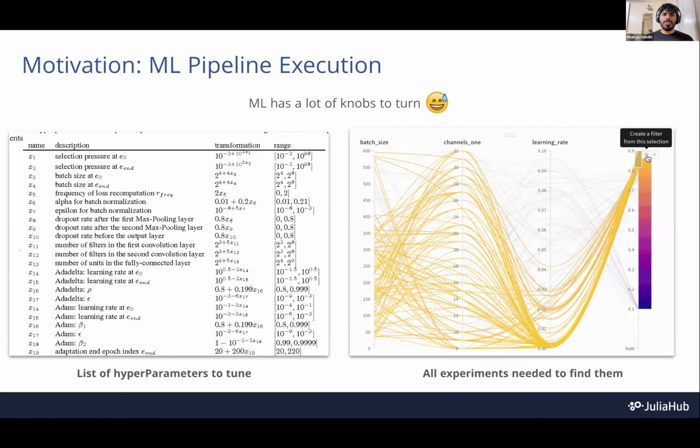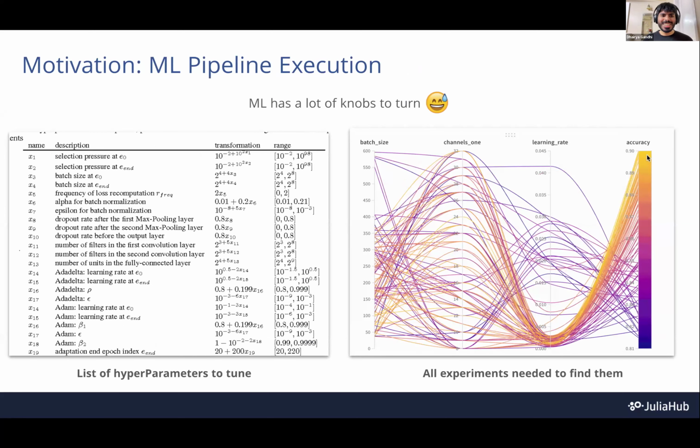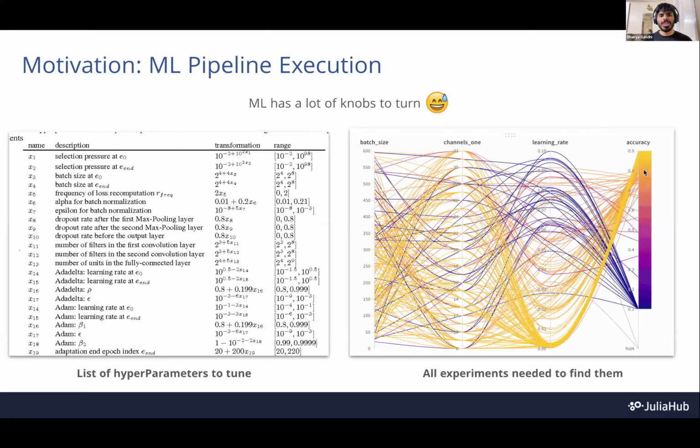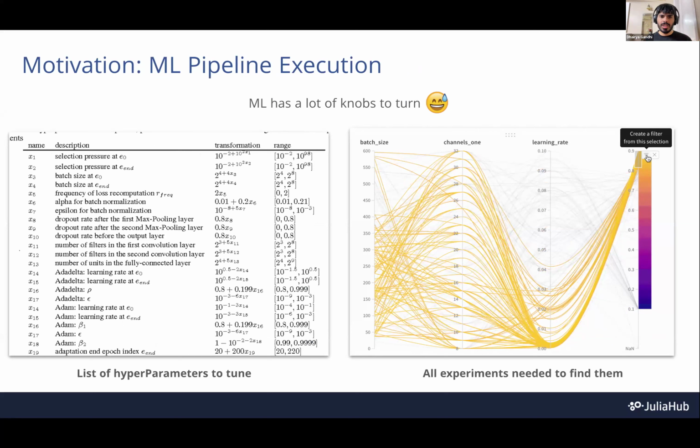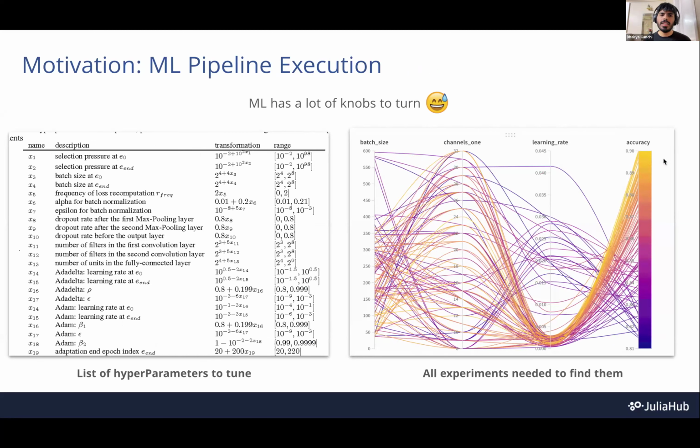So this is a continuation from earlier. Machine learning has just way too many hyperparameters for us to keep track of. So we need a way to see these experiments up ahead in one easy to consume format. What you're seeing right there is something called a parallel coordinate plot.